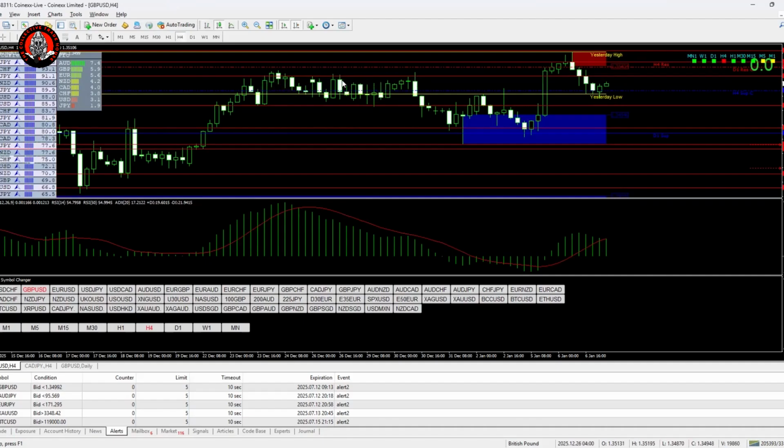Look at all these periods here that respected this line of structure. So if I'm getting up here, I have to look to the left. So I know that with all these periods respected this area, I ain't getting in no trade until price passes here. Not even thinking about it. Y'all feel me? Absolutely. Yes, sir. So if I see all of this, then I know, hey, I gotta wait.